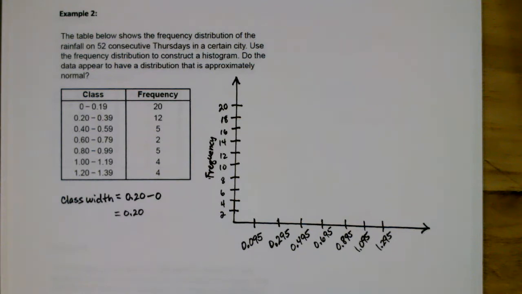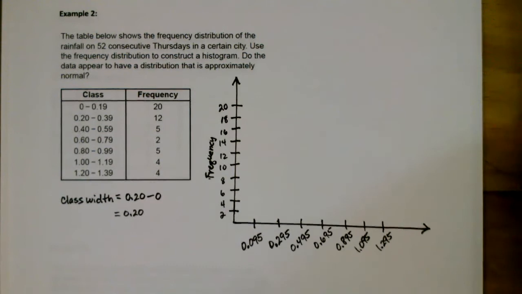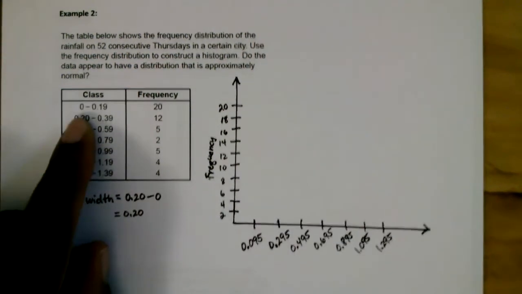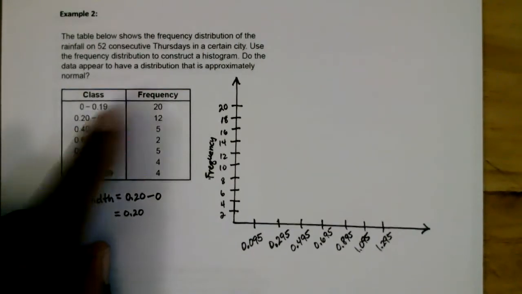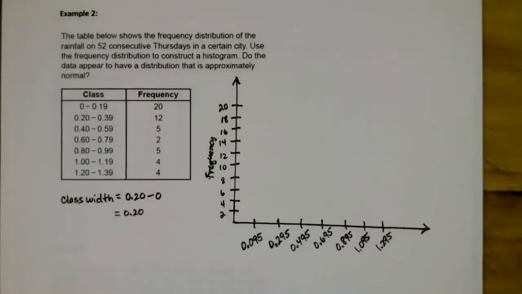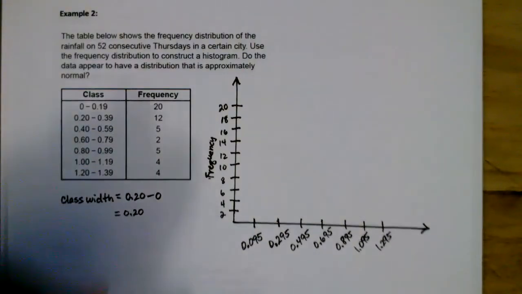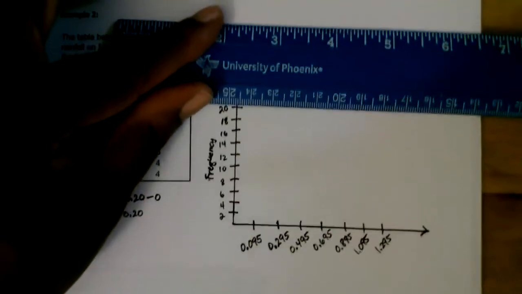Okay, now we're going to do our bars for this histogram. That 0.095 represents the class midpoint for 0 to 0.19. The frequency there is 20, so the height of that bar is going to be at 20. So here's how I'm going to draw the bar.